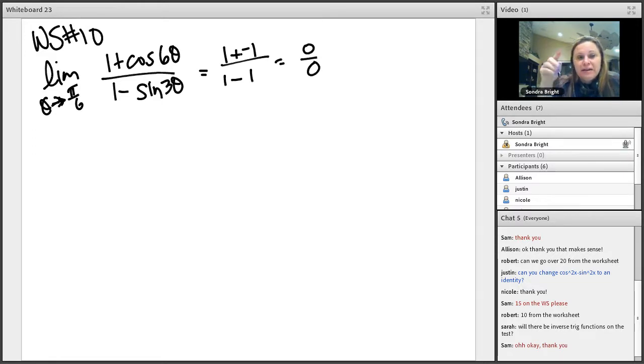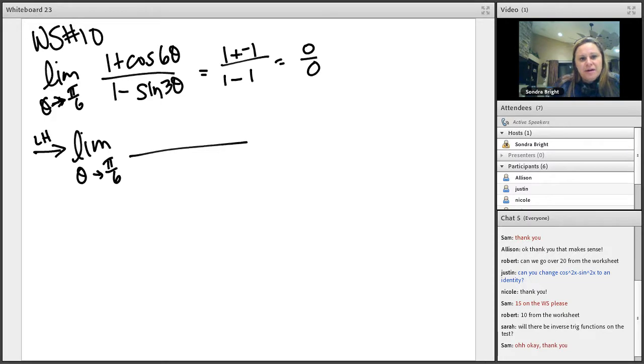You do need to confirm that before you use L'Hopital. You can't just go using L'Hopital willy-nilly. You can only use it on a 0 over 0 or infinity over infinity. But once you show that, you can apply L'Hopital's rule. You need to use the limit notation on every step. I know it's a pain, but you do. Taking the derivative of the top, it'll be a 0, and then plus the derivative of cosine, which is negative sine.